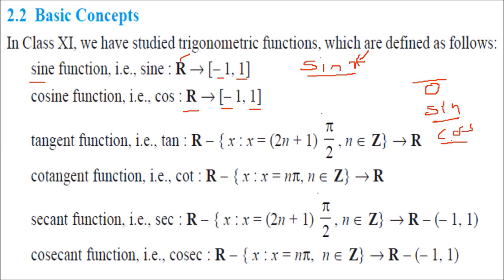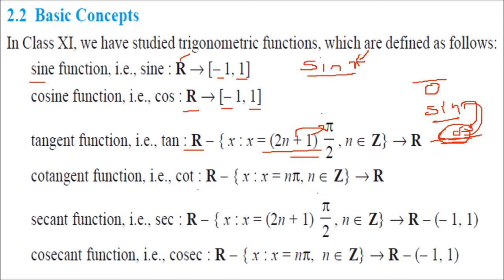So sine by cos, where is cos 0? When the value is an odd multiple of pi by 2. For any odd multiple of pi by 2, cos always becomes 0, so this is undefined. So we just remove those, and it will give you all real numbers except these. So this is the range.